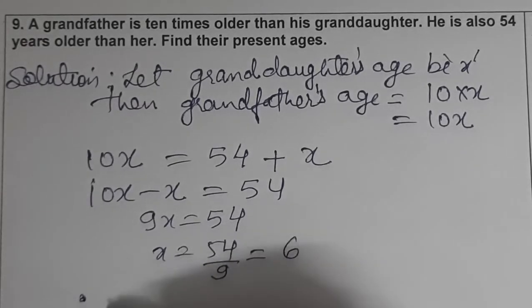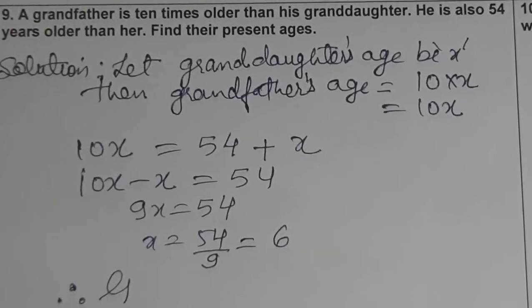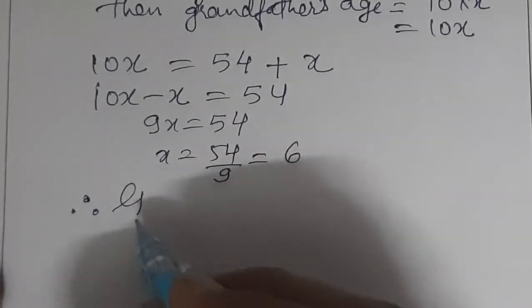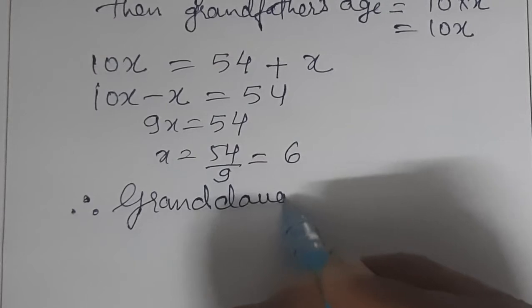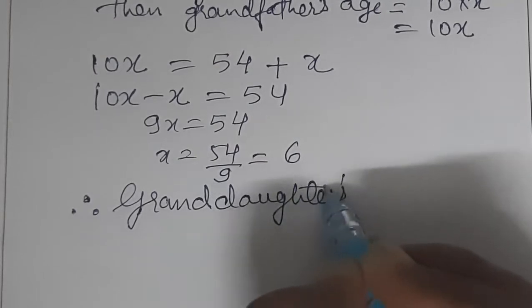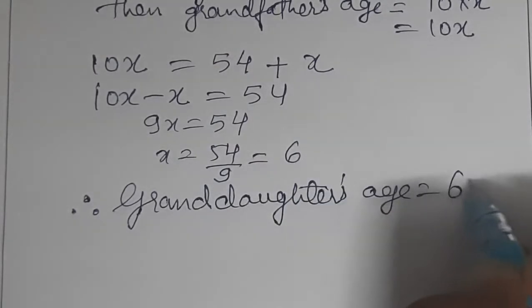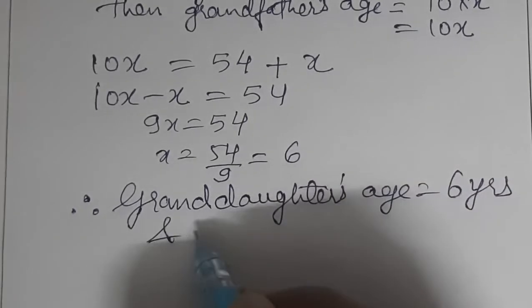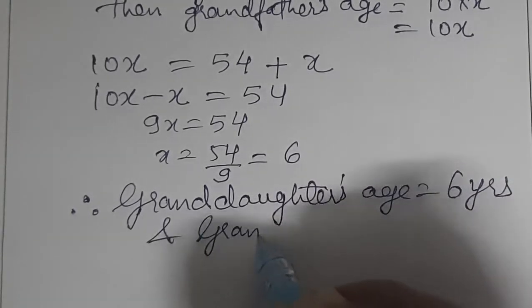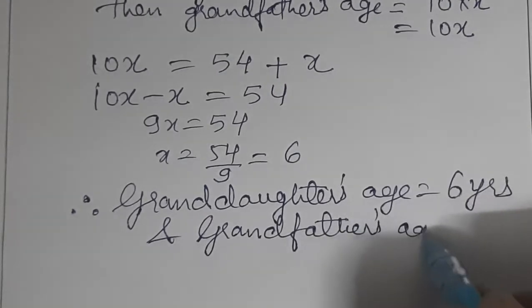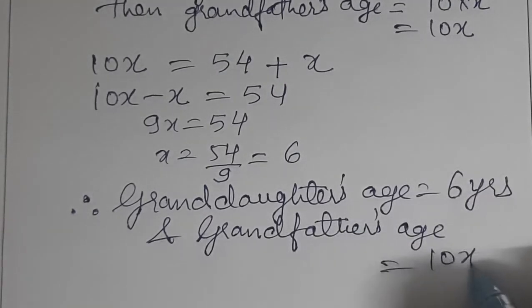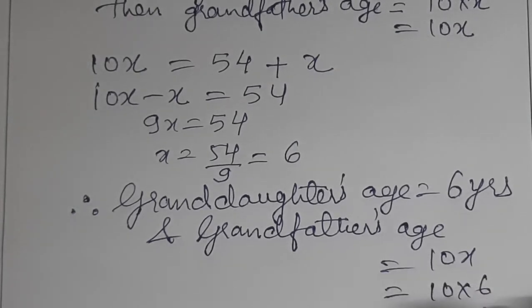Therefore, granddaughter's age equals 6 years, and grandfather's age equals 10x, means 10 into 6, 60 years old.